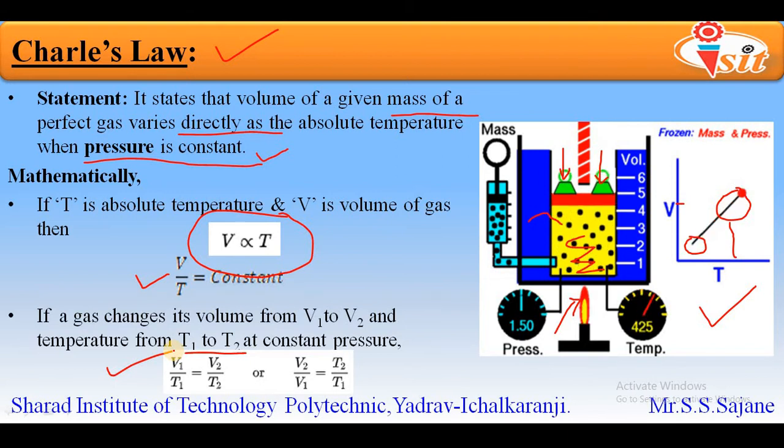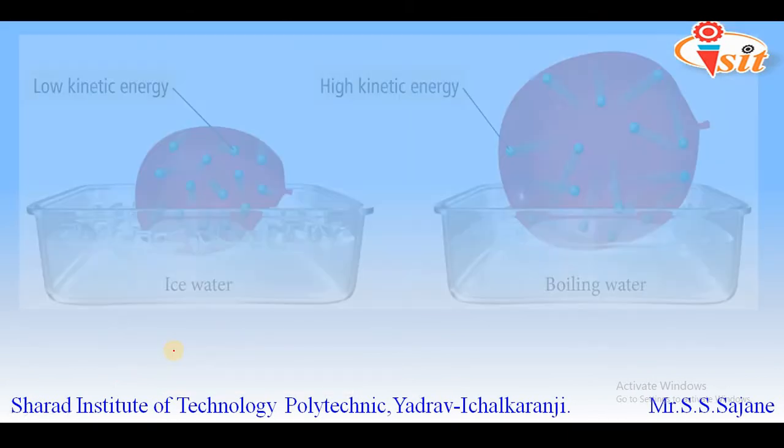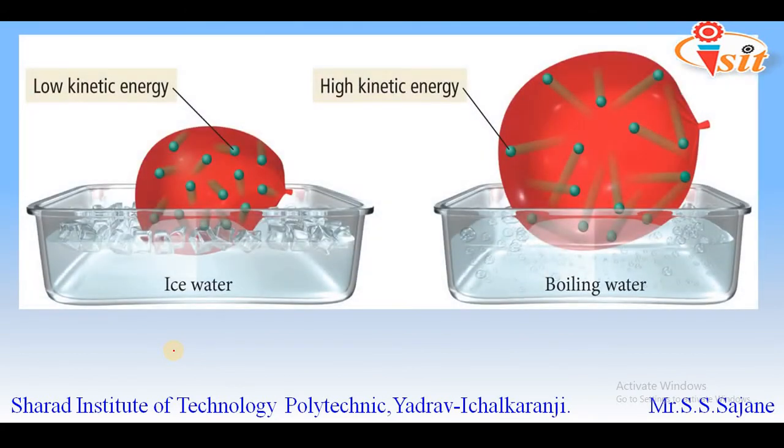In this slide, we have a very simple example for Charles law. You can see that there are two containers, in which one container has ice water, and the other container has hot water. Assume a balloon which is filled with a certain amount of gas.